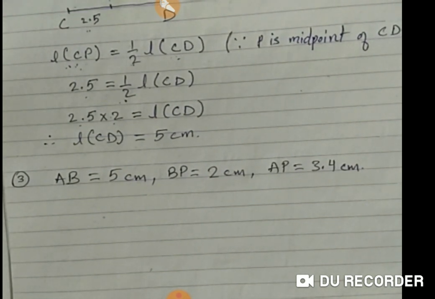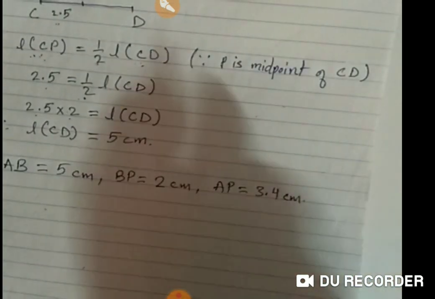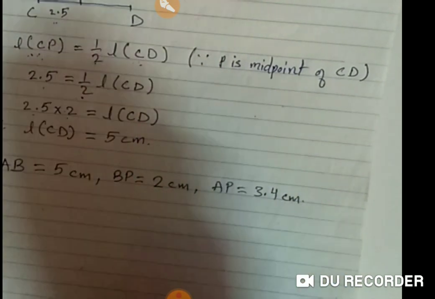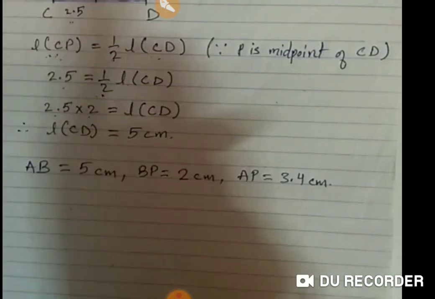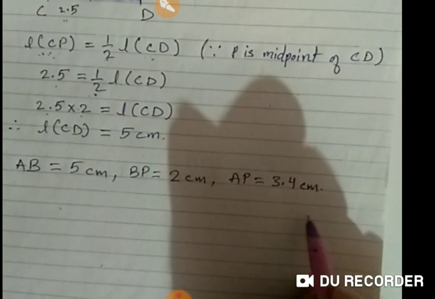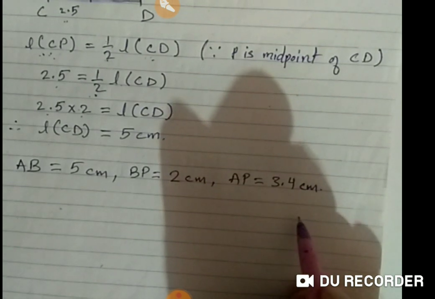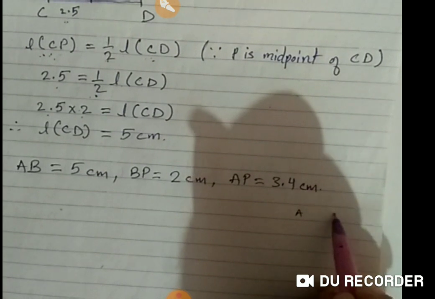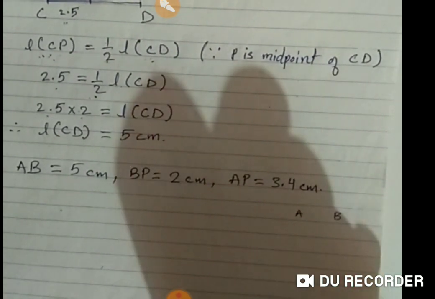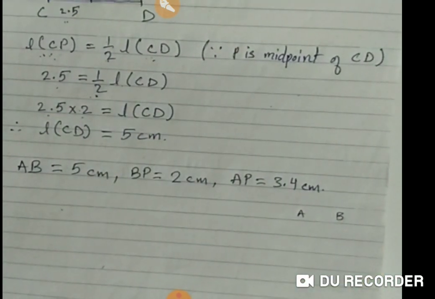Suppose you have 2 segments like this. First I'm going to make comparison between 2 segments. Suppose you have one component as A and one component as B. So what are the 3 possibilities?